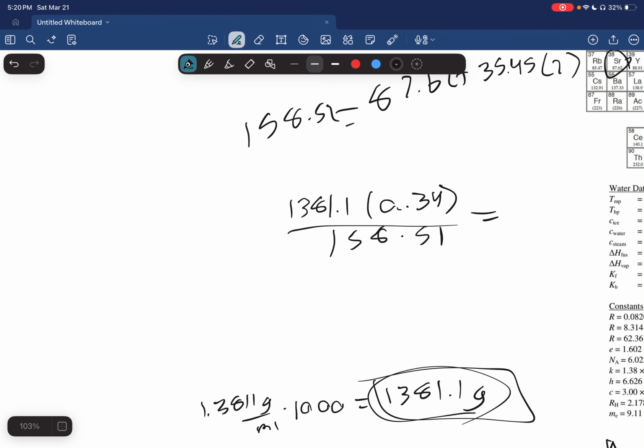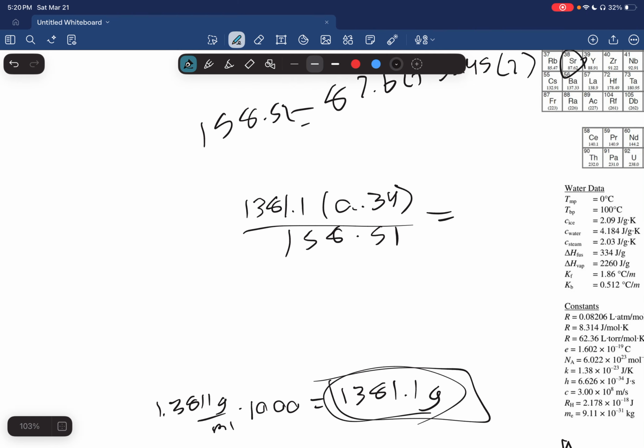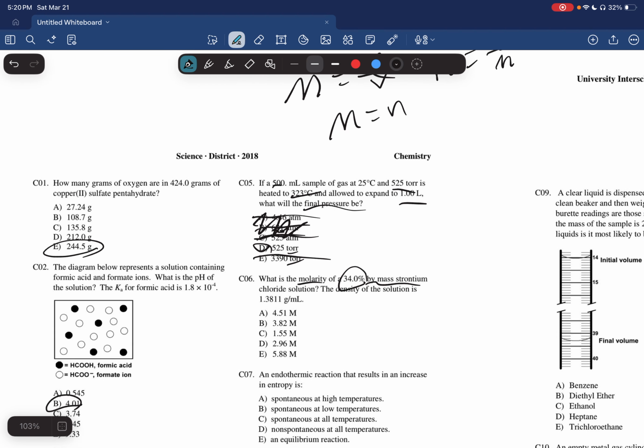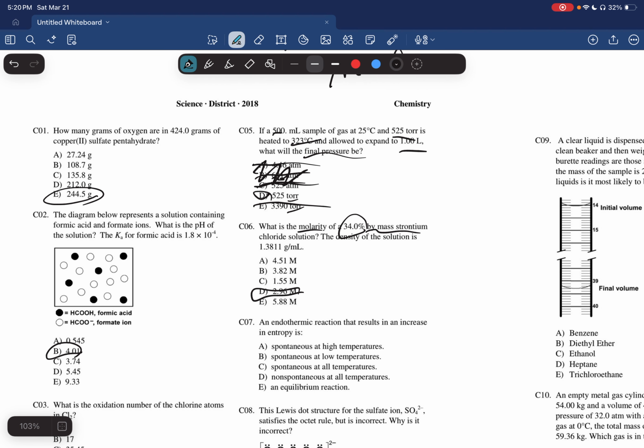When you put that in the calculator, you get about 2.69 moles. But remember, our moles is our molarity, so this is actually 2.69 molar strontium chloride. There we go, and that looks like answer choice D.